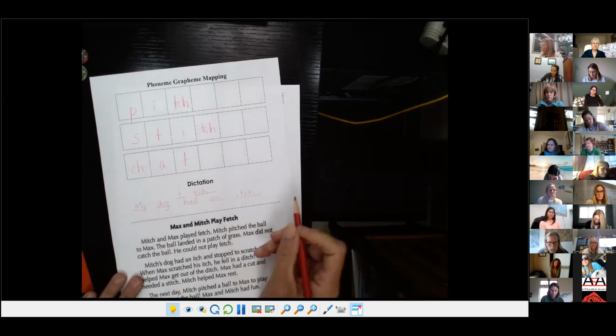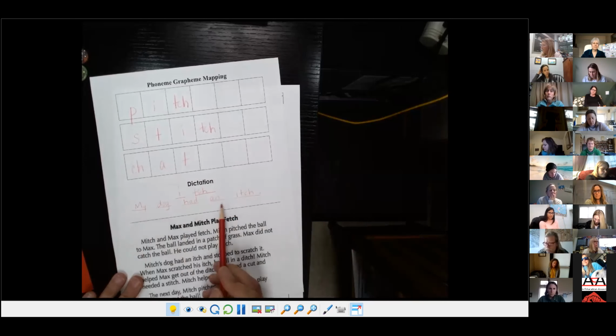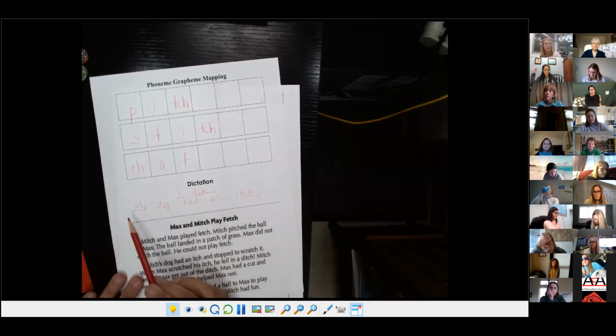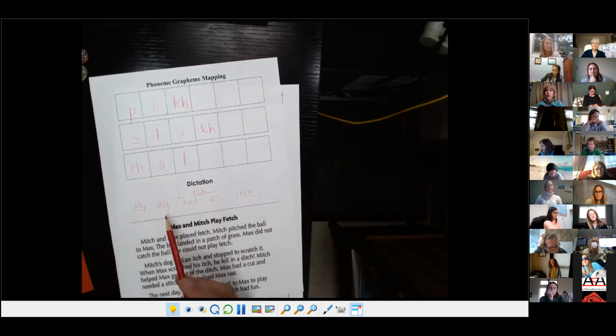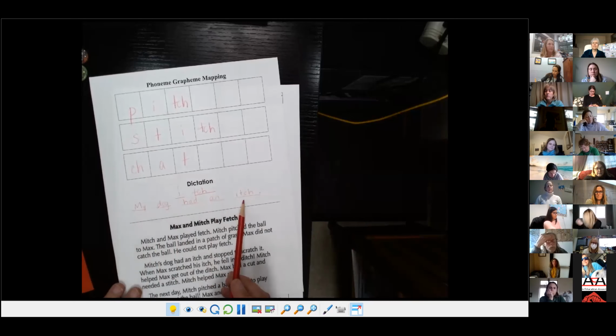Now you'll notice here that every word in this sentence is controlled to your scope and sequence of what you've already taught. You wouldn't say my dog, Jerome, had an itch, because maybe you didn't teach the features of the word Jerome, a two-syllable word or something like that. You would isolate it to what they can be successful with.